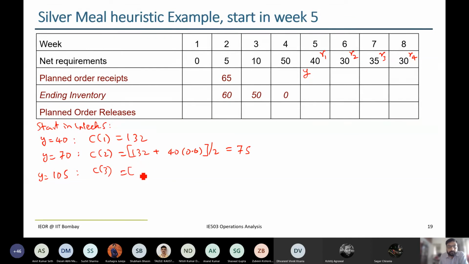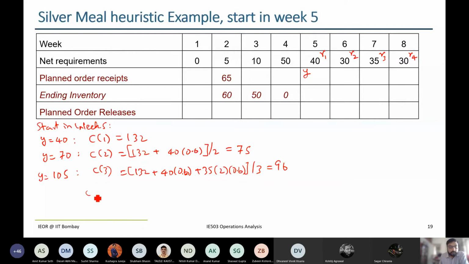Which is 132 plus 40 plus 0.6 plus 35 into 2 into 0.6, the whole divided by 3, which comes out to be 96.